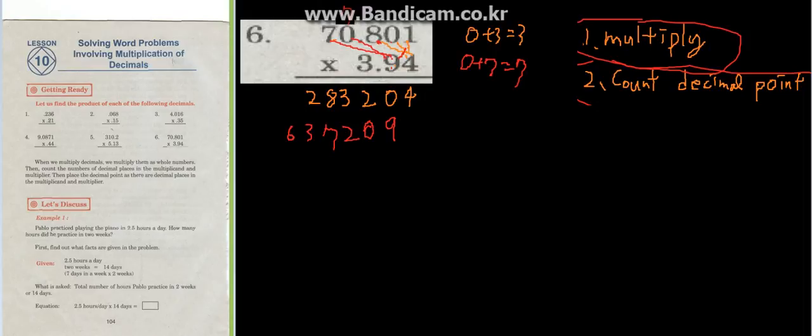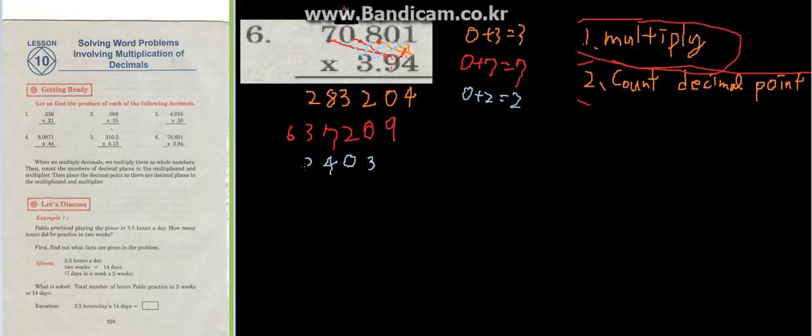Now let's go to the next number. I'm going to try sky blue. I like sky blue. 1 multiplied by 3 is 3, and 0 multiplied by 3 is 0. 8 multiplied by 3 is 24, so we write down 4 down here and 2 over here. 0 multiplied by 3 is 0, and we add the 2, so 0 plus 2 is 2.